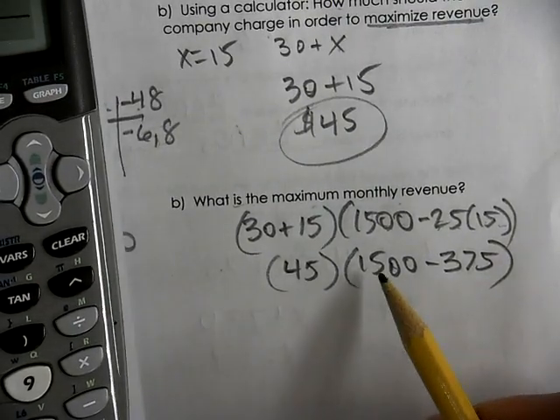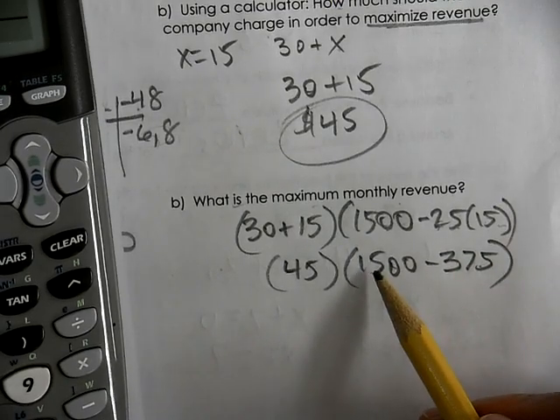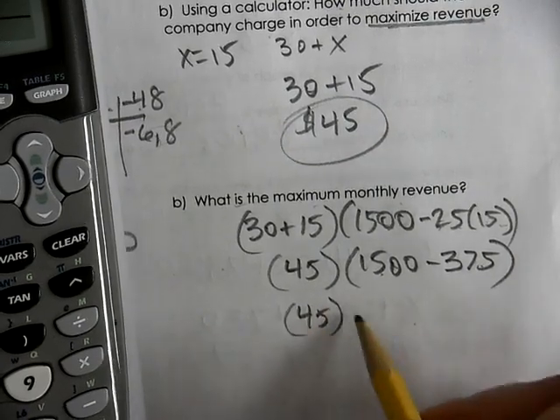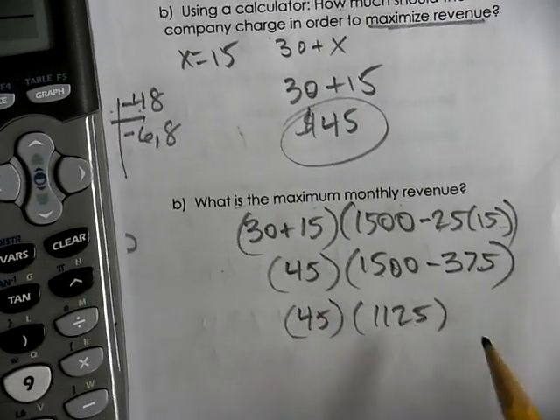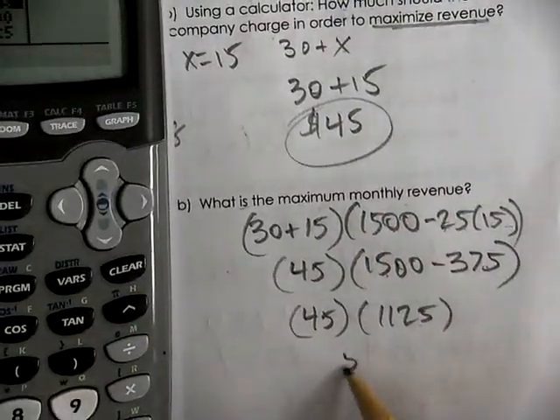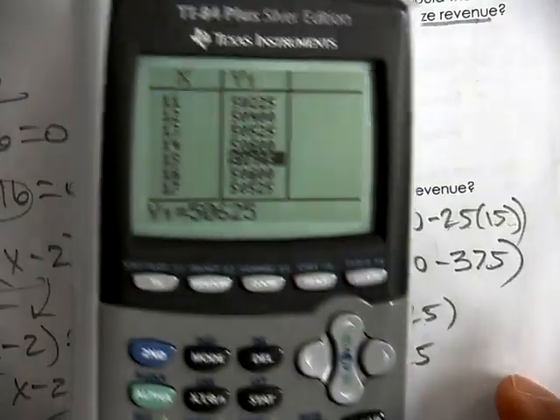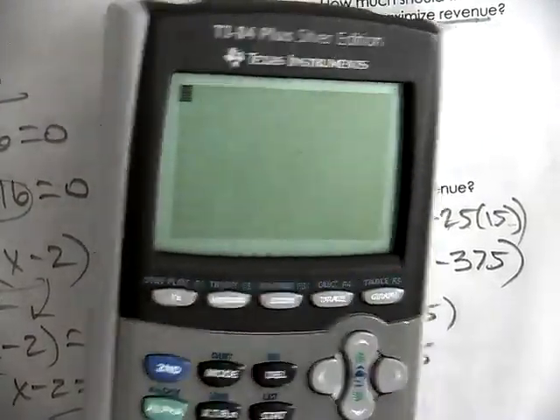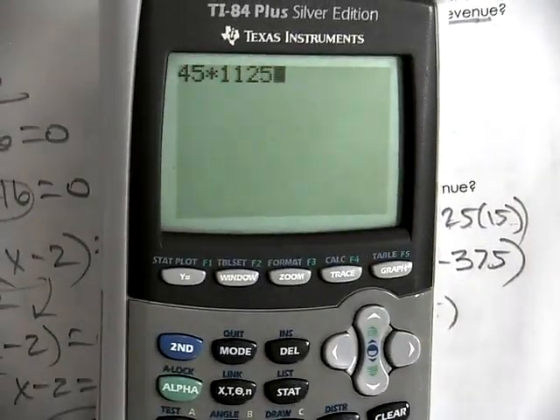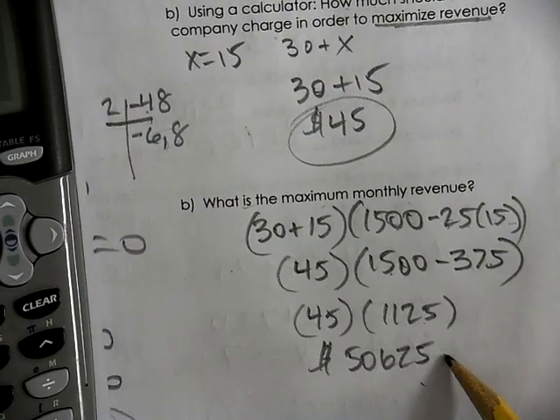So if we subtract 400, that would be 1,100, but 25 less is going to be 1,125. And I'm expecting that to come out to be 50,625. Let's go ahead and test that theory. So that was 45 times 1,125 was the 50,625.